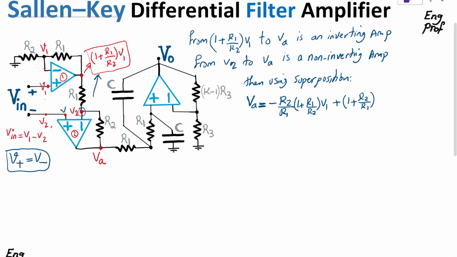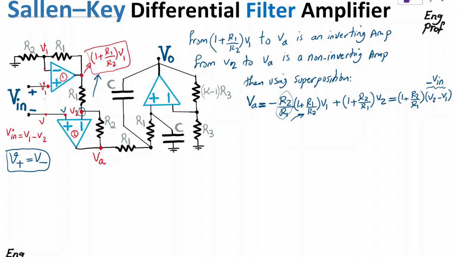If you simplify this, it's very interesting to notice that after you multiply negative R2 over R1 and distribute it inside this parentheses, you end up with this very interesting outcome, that it's 1 plus R2 over R1 times V2 minus V1, which effectively is negative Vin by definition of Vin and the relation of Vin, V2 and V1.